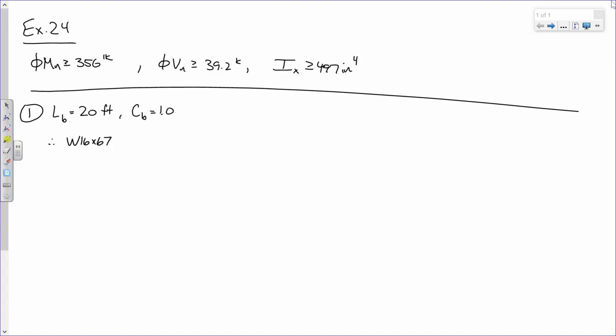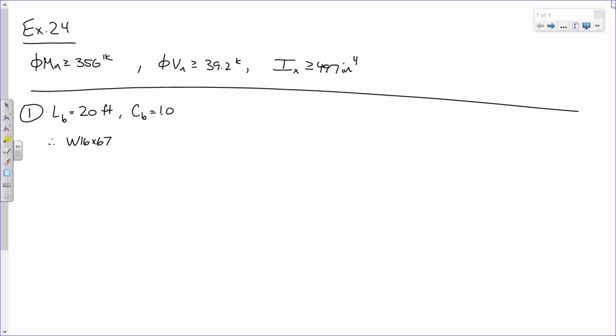I will go ahead and tell you right now that whenever Cb equals 1, you do not need to verify its capacity. You don't, but I want to go through that process because the more practice you get with this stuff, the better. There's a lot of things you have to keep in your head, and the more experience you have, the better. So we've got 4 different cases.